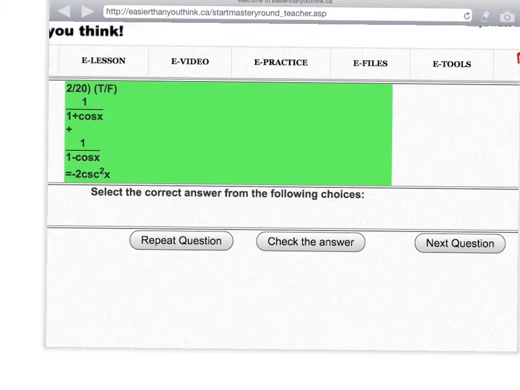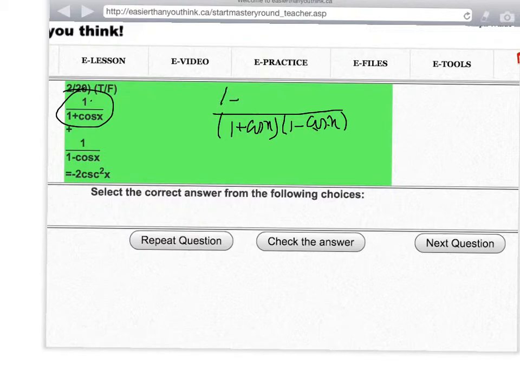The common denominator between both of them is 1 plus cos x times 1 minus cos x. Now, to have this denominator for the first fraction, I have to multiply the numerator and denominator by 1 minus cos x. So this becomes 1 minus cos x.